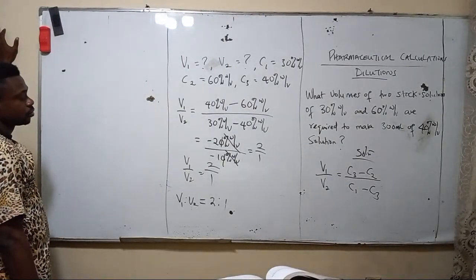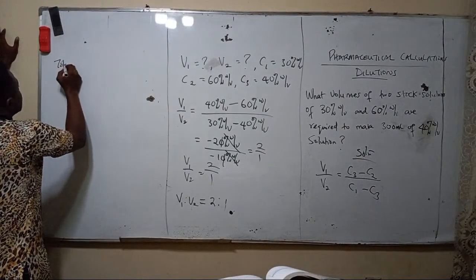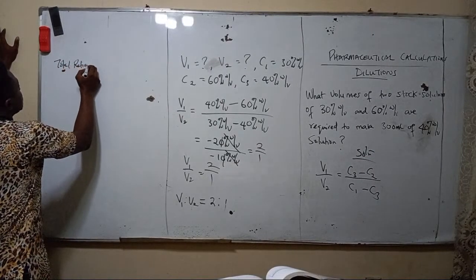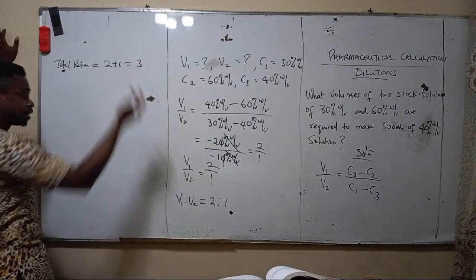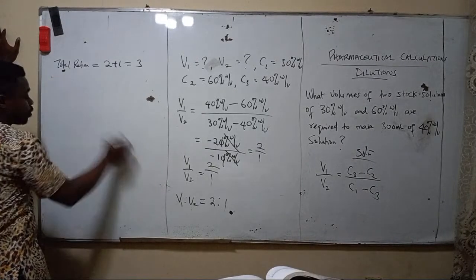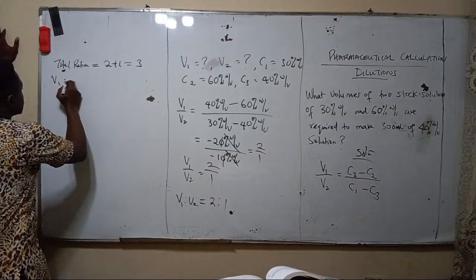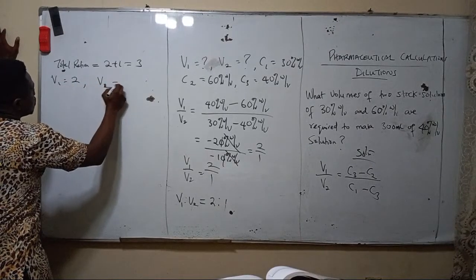The total proportion is 2 plus 1, which is 3. In that proportion, V1 is 2 and V2 is 1.